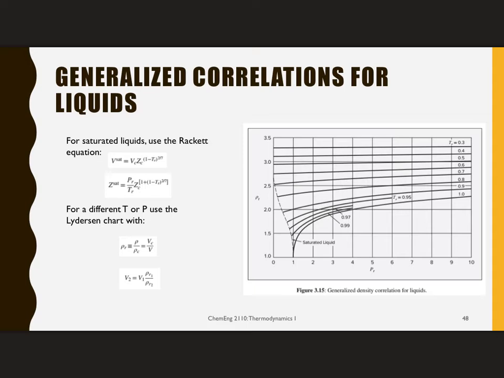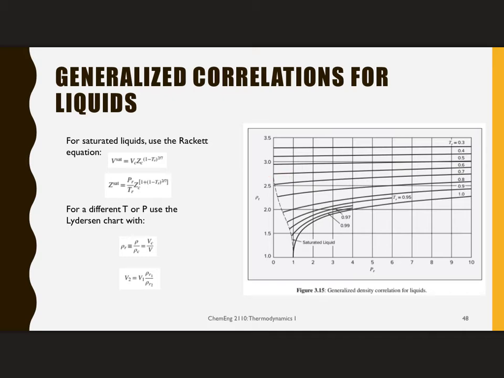But remember, density and molar volume are reciprocals of each other, so it's VC over V. I can use this as a function of PR across my bottom axis, density on the vertical axis, and different curves for varying values of TR. I could look up my pressure and temperature and read across to get the reduced density.